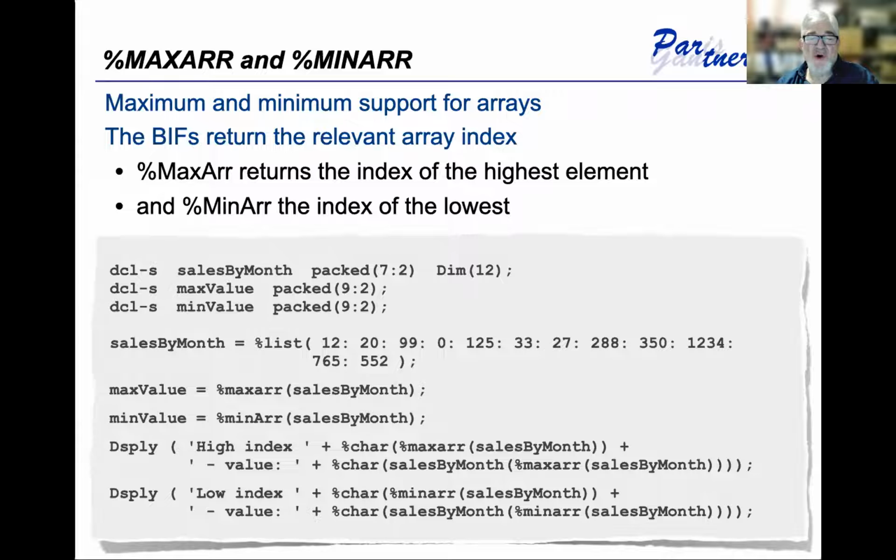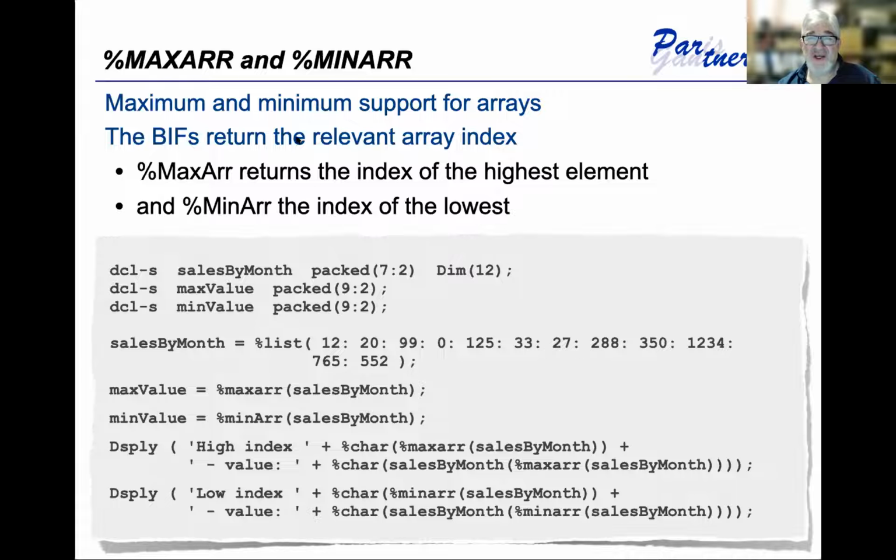The problem was that %min and %max were designed to return the value itself, so there wasn't a natural fit, because just having the value come back really didn't help if there was other associated information you needed.